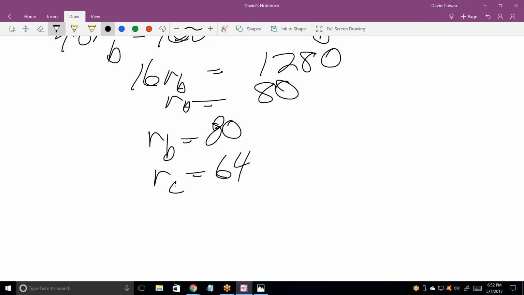I don't like this answer. We've done something wrong. It means that if you're going downstream, you're going at 144 miles an hour. Yeah, that's awfully fast. In other words, that's not a reasonable speed.